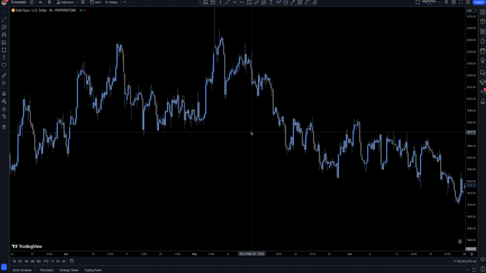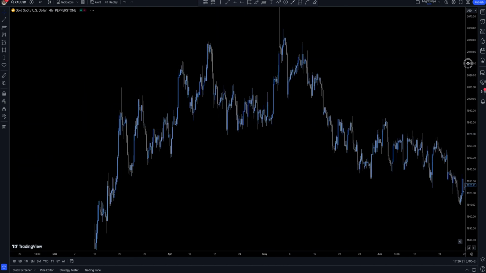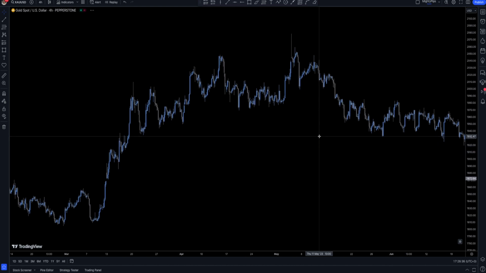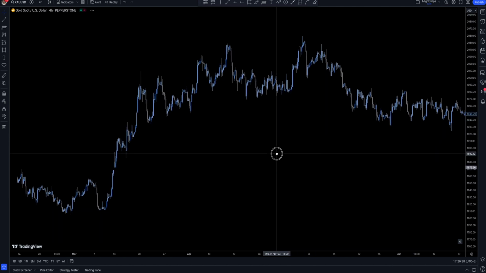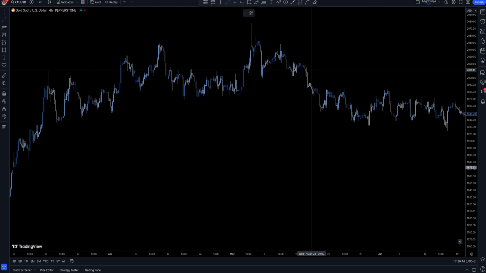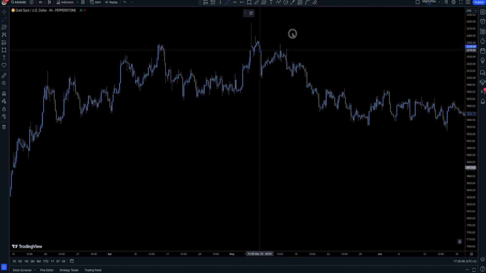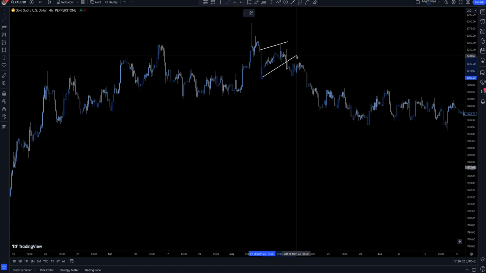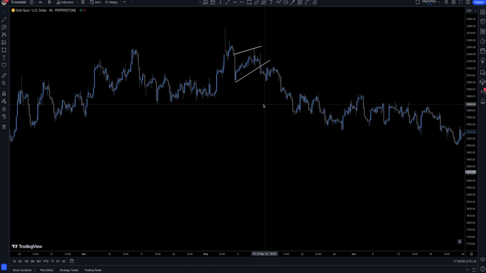Let me see. Yeah, you can also see that. Okay, we can use this as an example. We can say this was like a flag. It's not a very good one, but yeah, it's a breakout also.